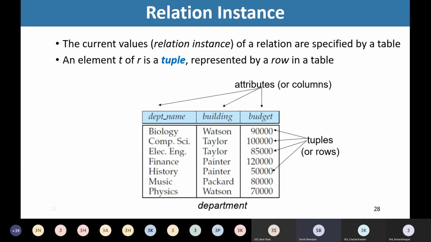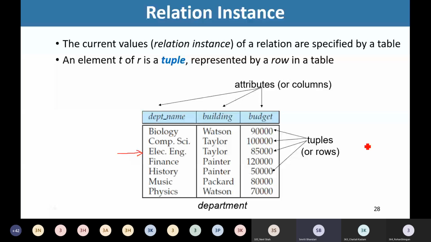A row in a relation is known as a tuple, right? The row in a relation. So this is my relation. Okay. Once again, please note that table and relation are equivalent terms in the relational model.